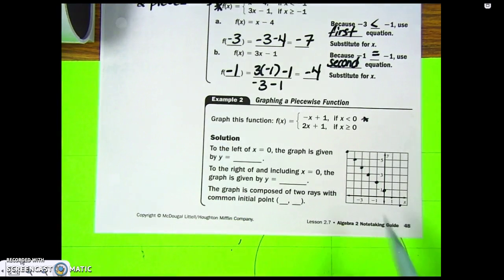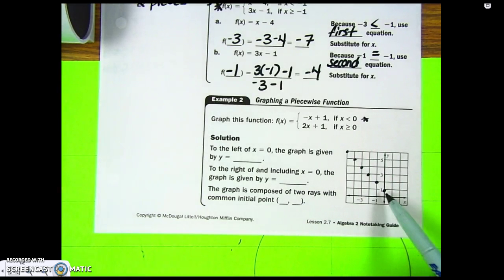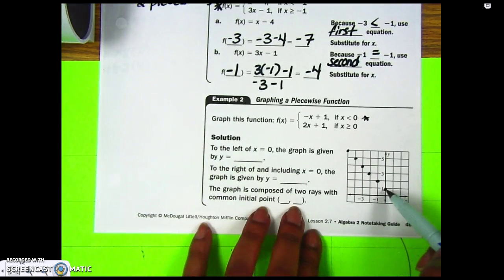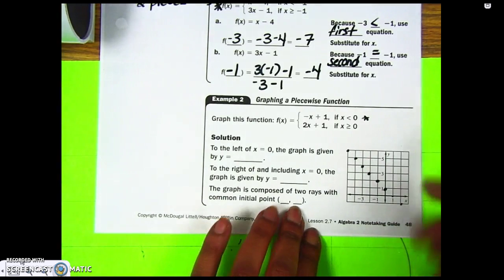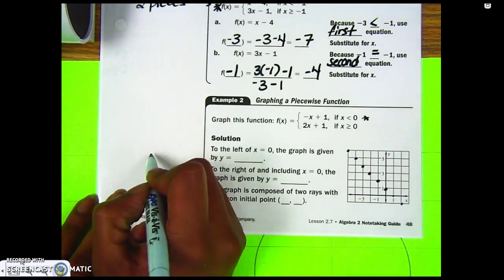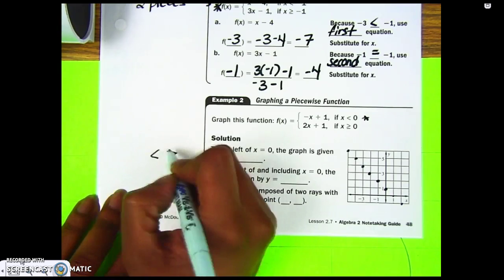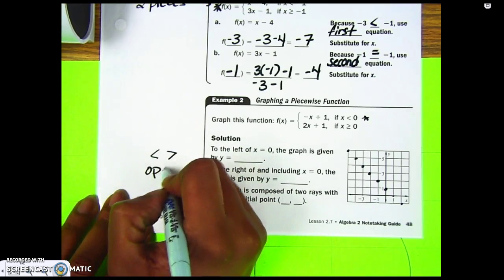It says if x is less than 0. So the only piece of this function that can be on the graph is the piece that's less than 0. From here to the left is where x is less than 0. Just like when we graph on a number line, if it's less than or greater than, you're going to have an open circle.